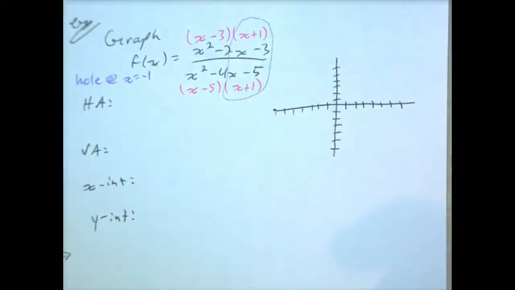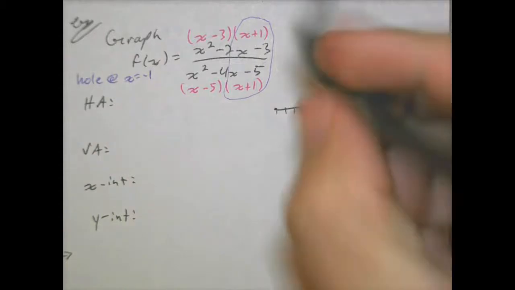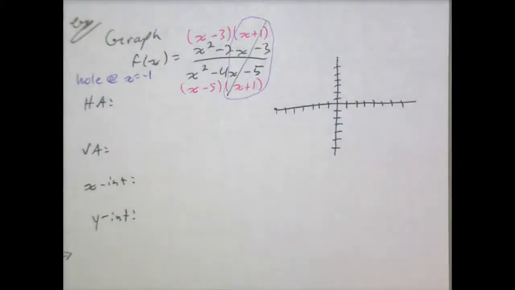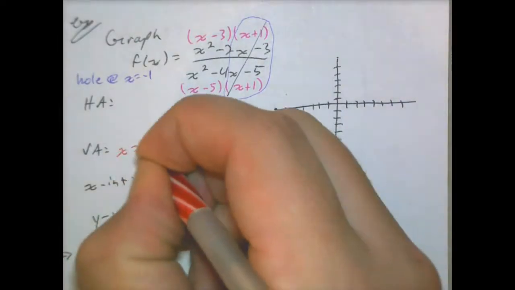It will kind of still look like it passes through that point, but it won't. So this is not actually one of your vertical asymptotes at negative 1, since I can essentially just divide these to make 1. The only vertical asymptote that I'm going to have in this situation is x equals 5.